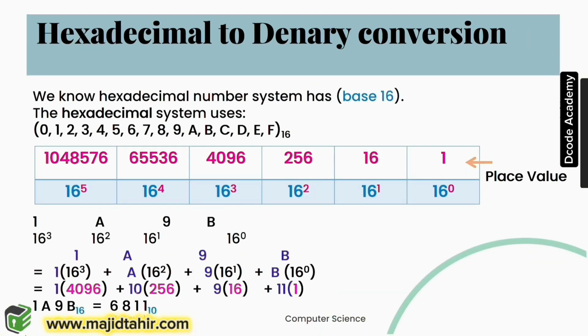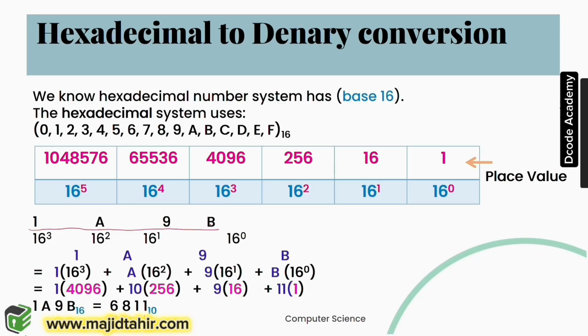Moving forward, we have hexadecimal to denary. When we have to convert a hexadecimal number to denary, we have to do it with the place values. Now this is a base 16 system, so we have place values 1, 16, 256, 4096, 65,536, and so on. Let's suppose we have this number 1A9B.